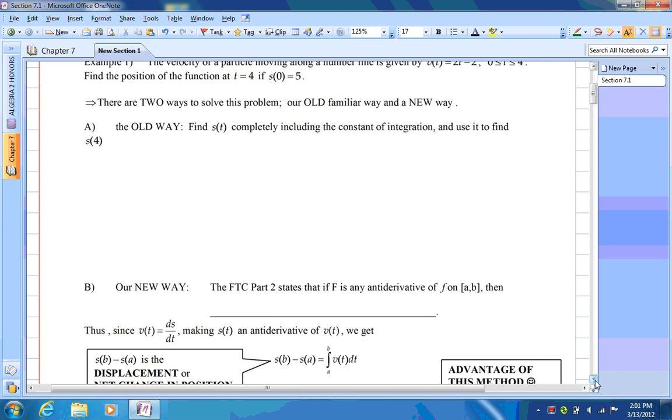So we do know that velocity equals the derivative of displacement with respect to time, so ds over dt, or derivative of position with respect to time. And of course that equals 2t minus 2.